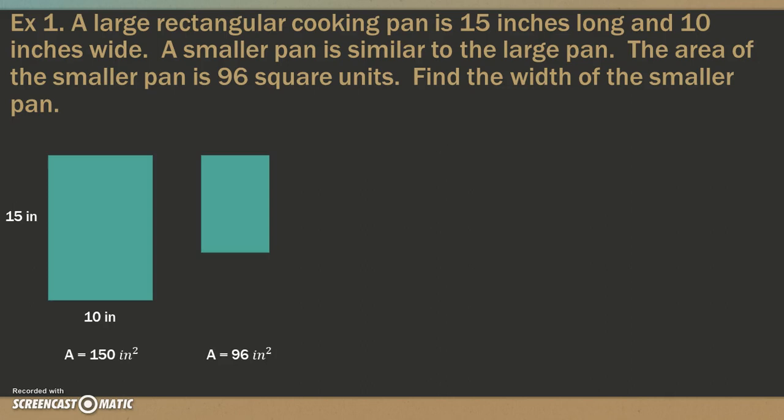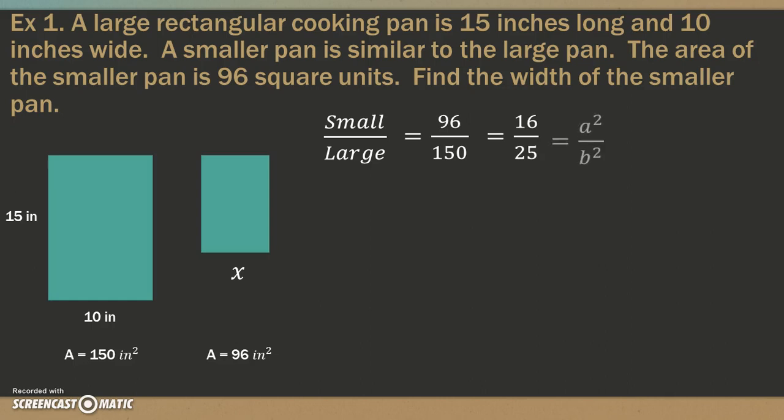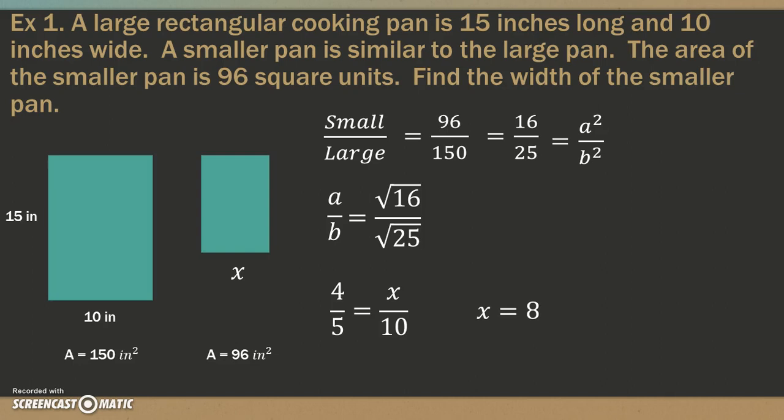The small one is 96. So we do 150 to 96. Right? And then that's 25 to 16. So we know the length is 5 to 4. Right? And then we set up our proportion. X is to 10 because we know that those match on the bottom there. So we get 40 equals 5x, so x equals 8.